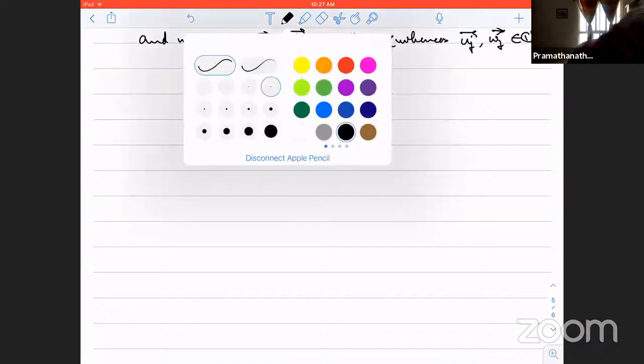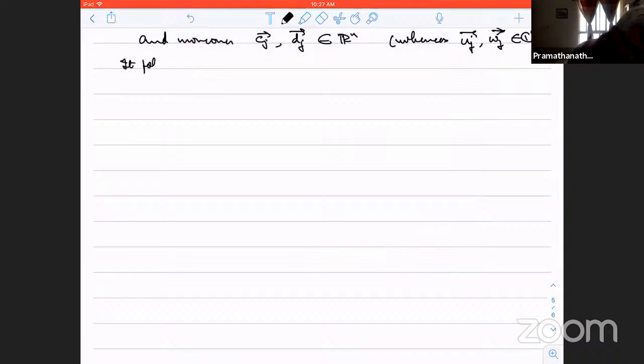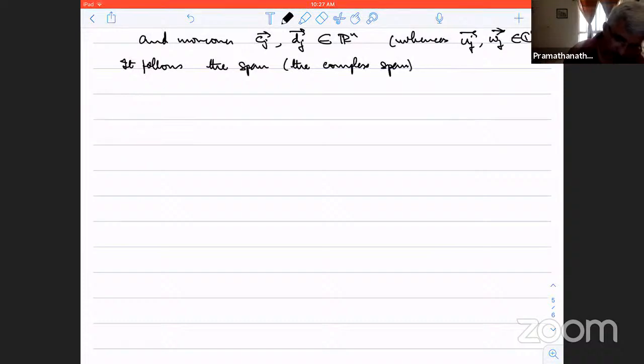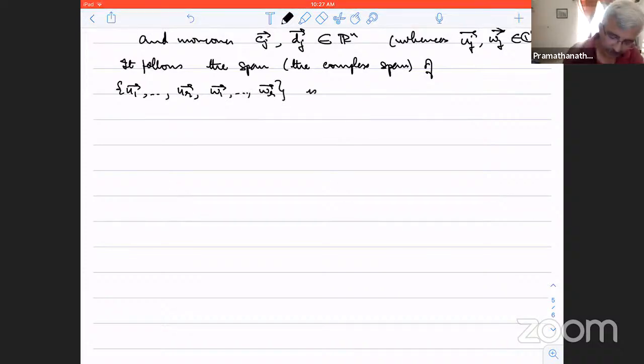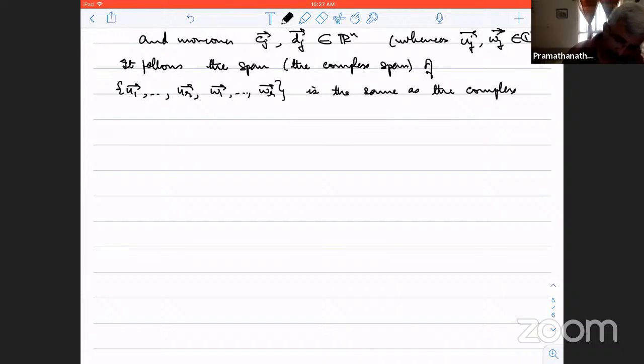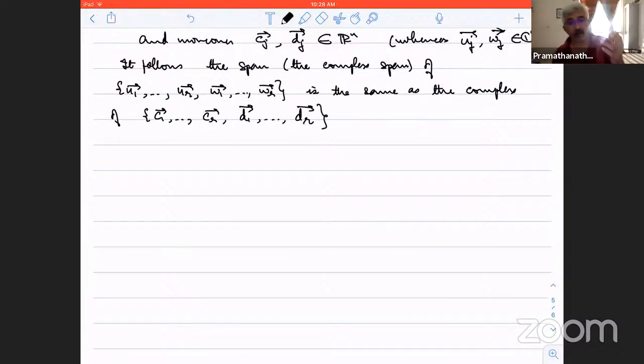So it follows that the complex span of U1 through Ur, W1 through Wr is the same as the complex span of C1 through Cr, D1 through Dr. So C and D are real vectors, but if you take complex linear combinations of them, the linear combination may or may not be real.